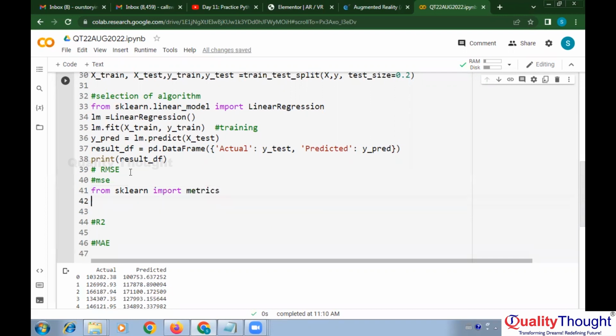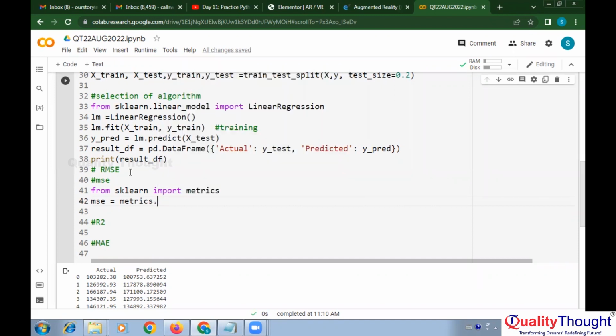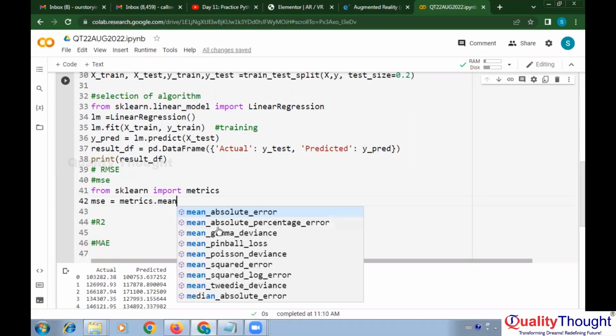To find the root mean squared error, we have metrics dot. Let's say MSE, mean squared error, equal to metrics dot. You will get here mean absolute error, mean squared error.